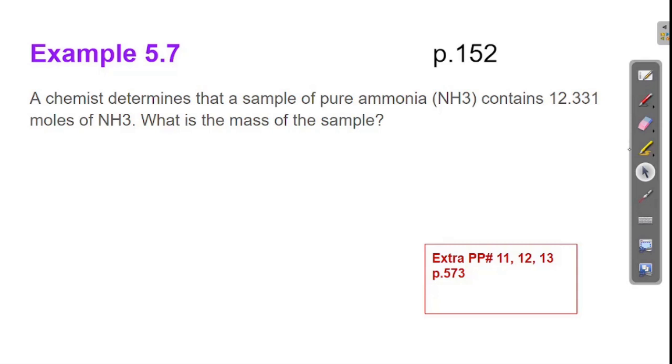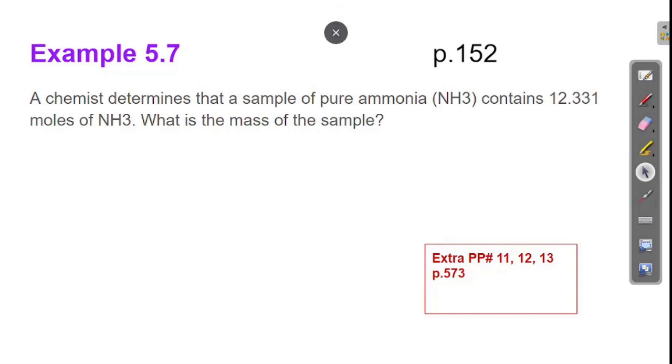5.7 reads like this. It says, a chemist determines that a sample of pure ammonia, they give you the formula, contains 12.331 moles of that ammonia. So what's the mass of the sample?